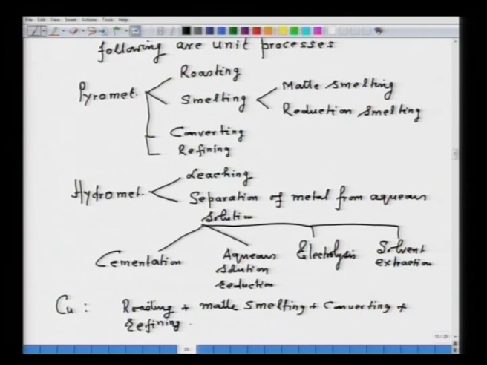I give 1 or 2 more examples. Take zinc, it combines roasting, reduction smelting, plus refining.